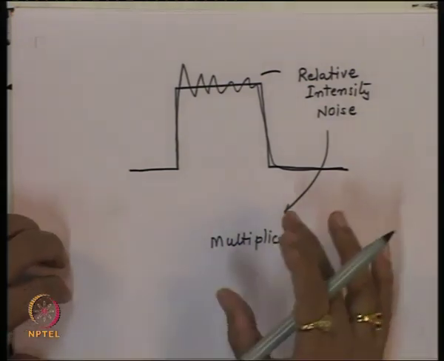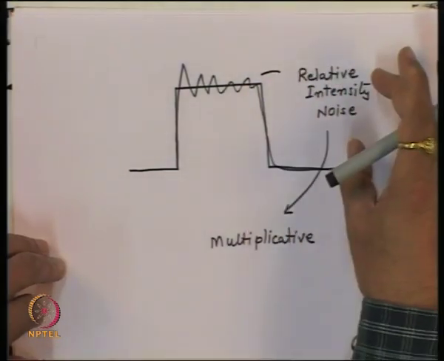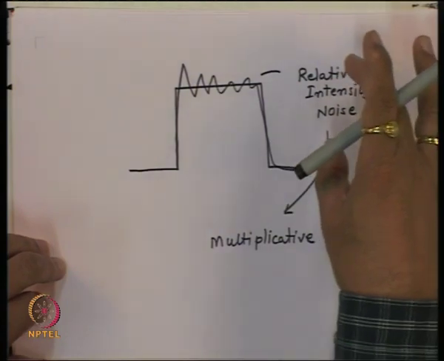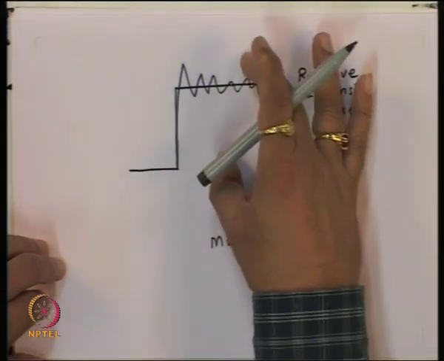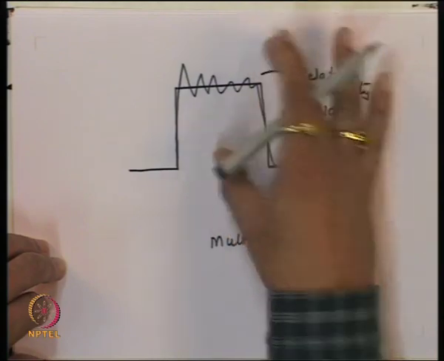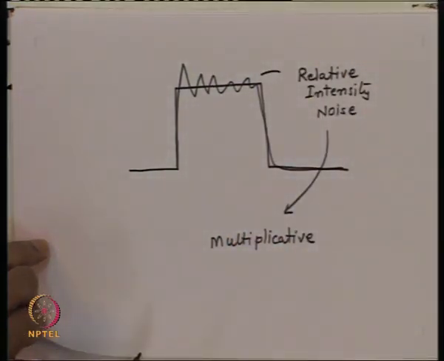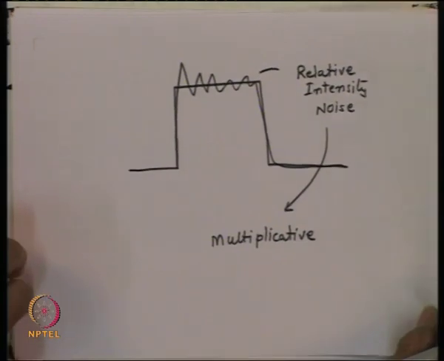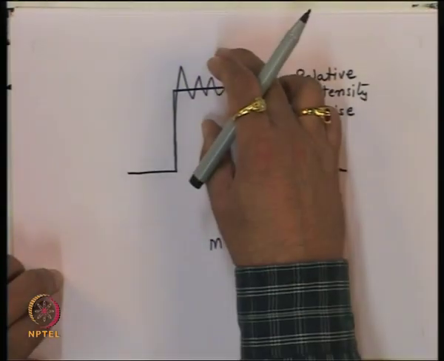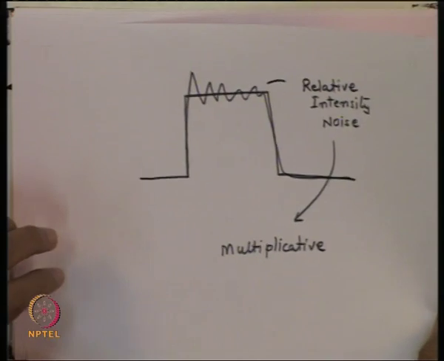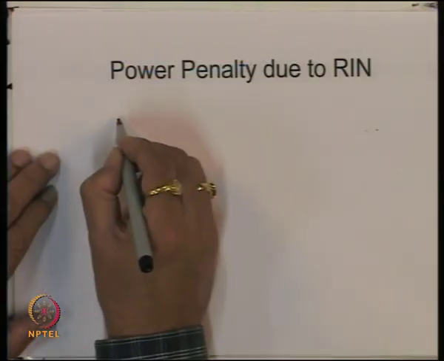So, what we do is we define now the variance for the relative intensity noise, and then treat this noise in addition to the noise which is present because of the shot noise and the thermal noise. And then we can ask a question: because of the additional noise which is there because of the relative intensity fluctuations, what will be the extra power added to the system to get the same BER. So, we define now the variance of the noise, sigma square.